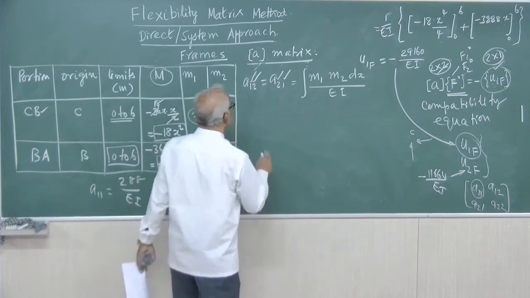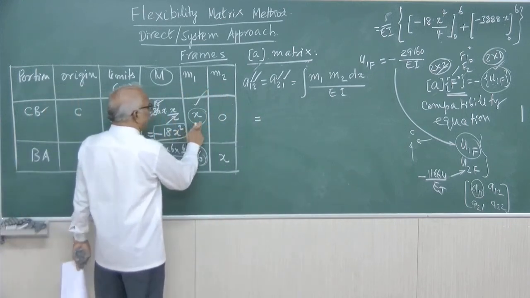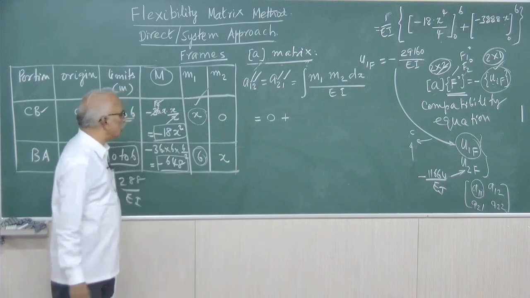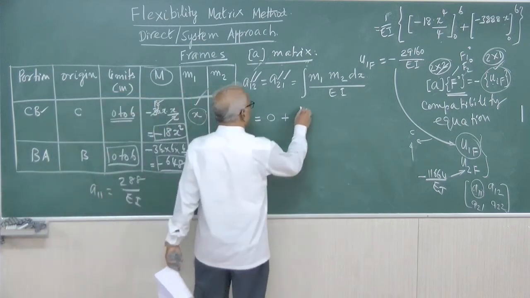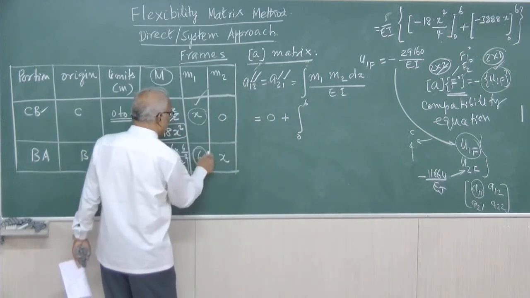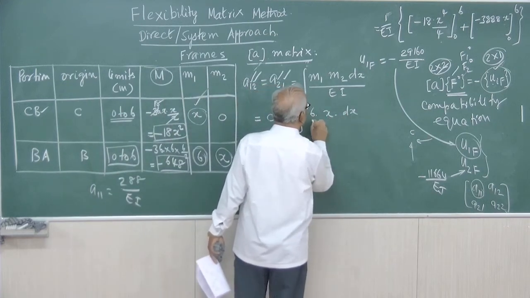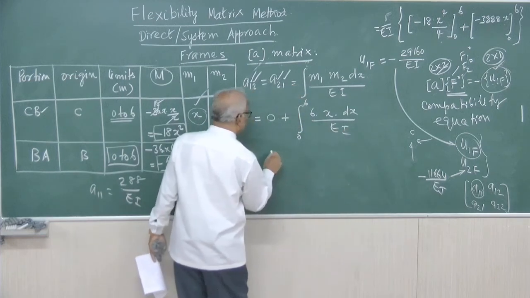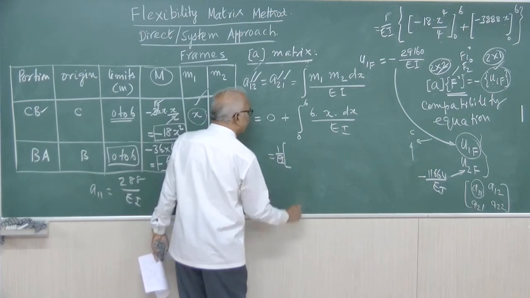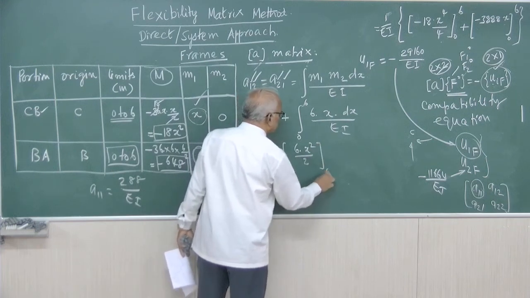Now, for the first portion, M1 is there but M2 is 0, therefore the first term is 0. For the second one, limits 0 to 6, M1 is 6 and M2 is x. So it is 6 into x into dx by EI, which is equal to 1 by EI into 6 x square by 2, limits 0 to 6.